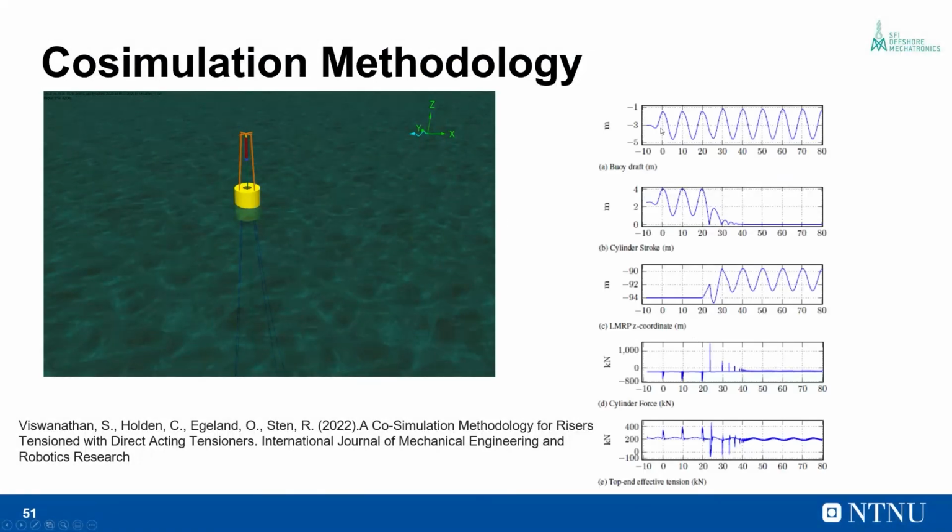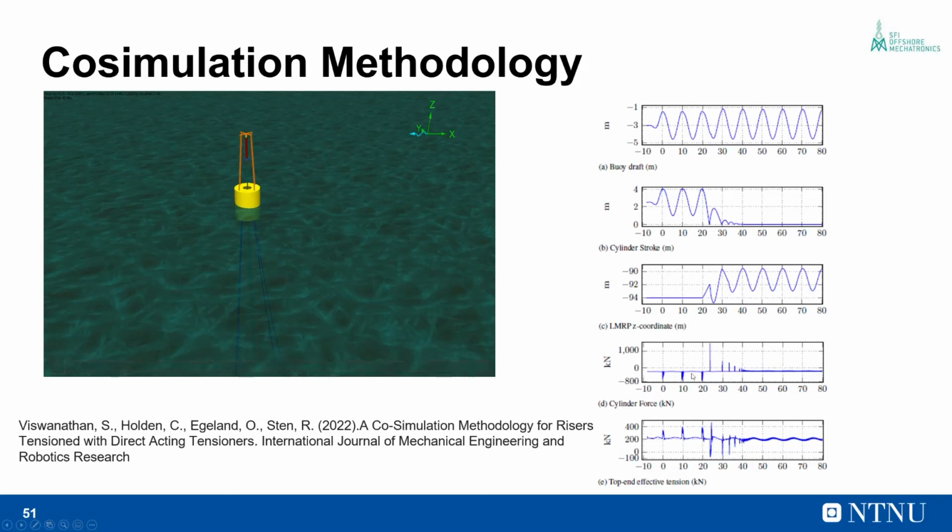So what happens is that initially in the connected condition, since we have specified the wave heights to be quite high, as the buoy rides the wave crest, the DAT cylinder is fully extended and the piston of the DAT cylinder actually hits the gland end of the cylinder.